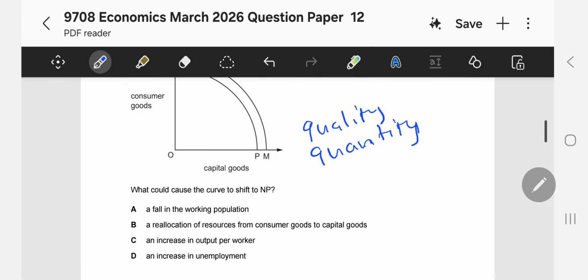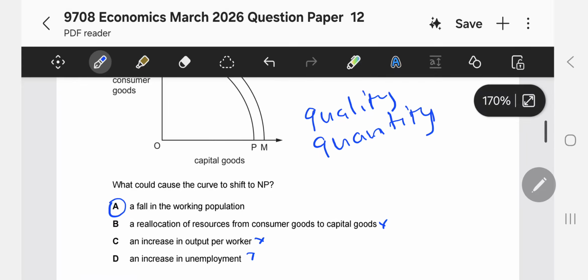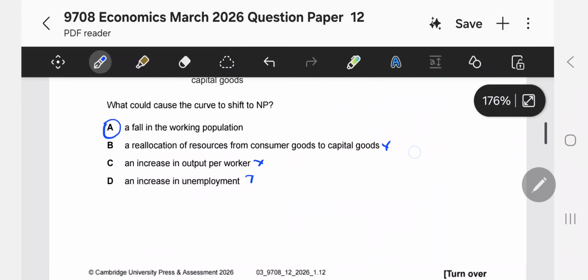Let's see which one here. Reallocation of resources, no. An increase in output per worker would shift the PPC to the right. An increase in unemployment, this one. So the correct answer is going to be A. When there's a fall in the working population, it probably means people left the country, or the retirement age was reduced. So that's why.